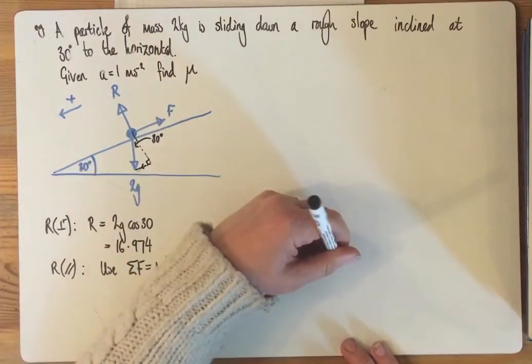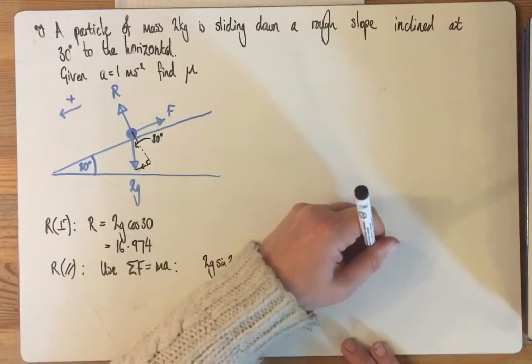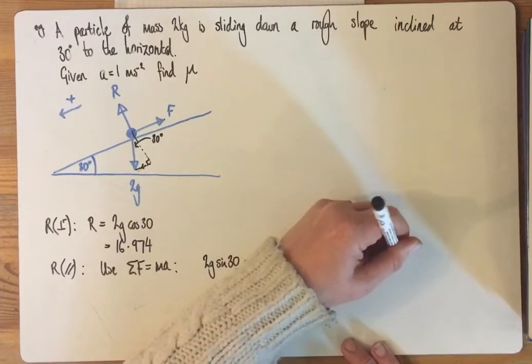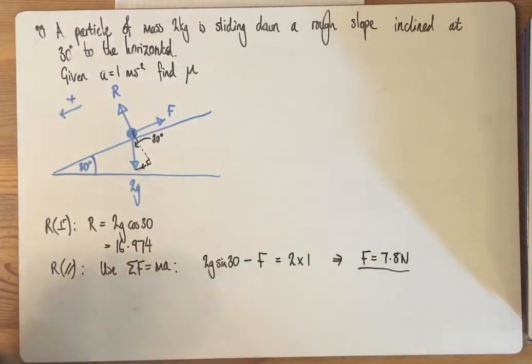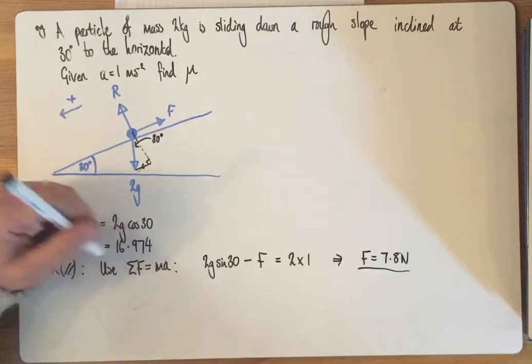And so from there, the frictional force comes out as 7.8 newtons. That's exact actually for that one, although g is rounded to 2 sig figs, it's not too exact.